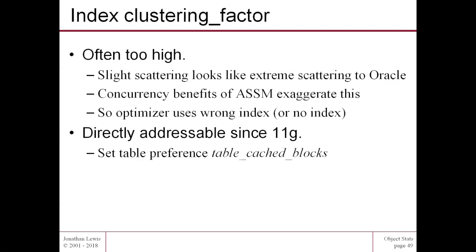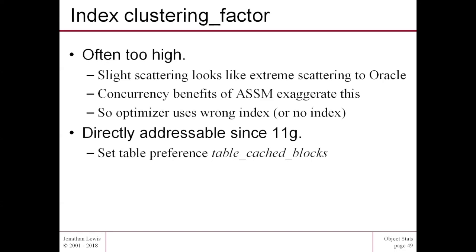Which says to Oracle, when you're calculating the clustering factor, allow for the fact that the data is perhaps a little bit scattered as you walk through the index. By default, Oracle says, every time I walk from one index entry to the next, if I'm jumping to a different index leaf block, that means I must be reading a whole new table block.